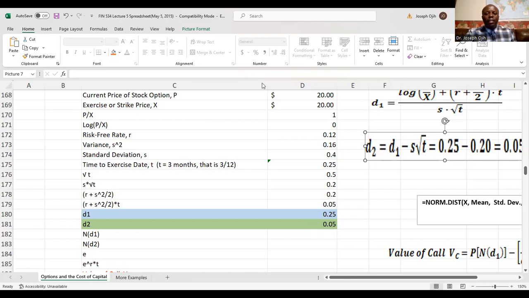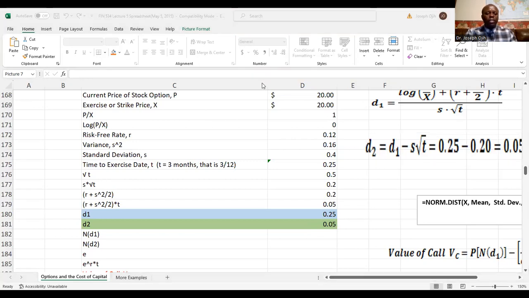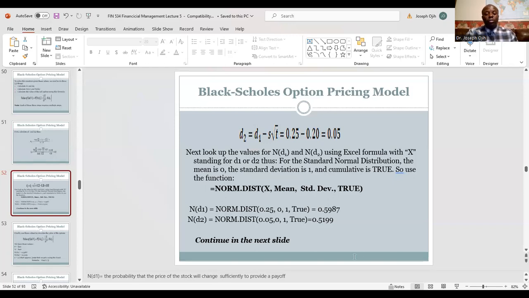And remember that D2 represents the probability that the price of the option will change sufficiently to provide the payoff. That is for D1. Now, the D2 is the one we're interested in. D2 simply means the chance that the price of the stock will change sufficiently to, I would say, put it that way, generate a payoff.